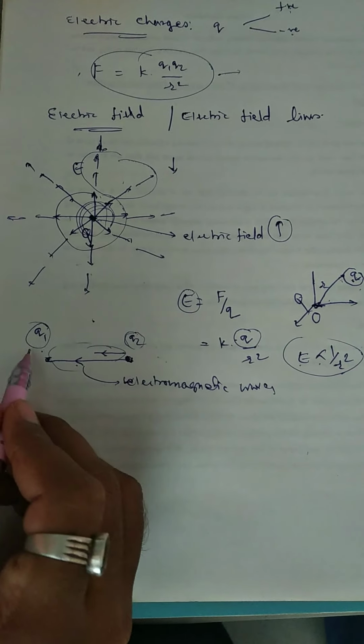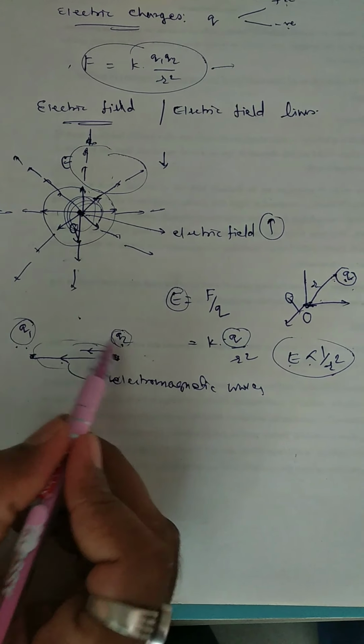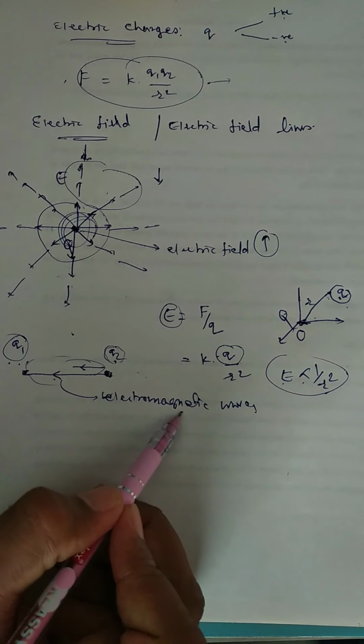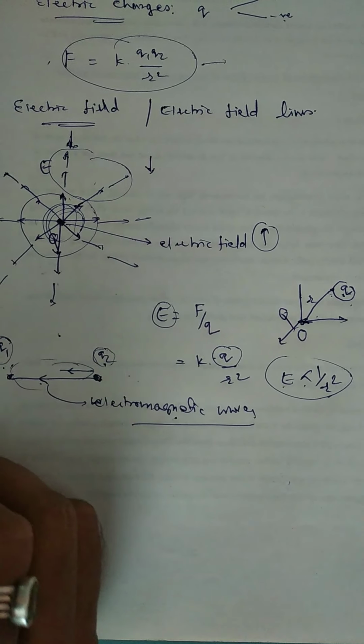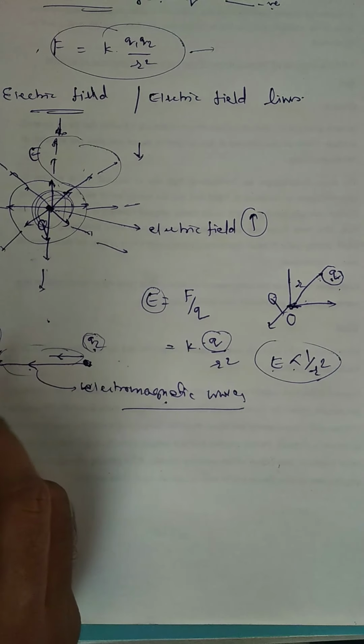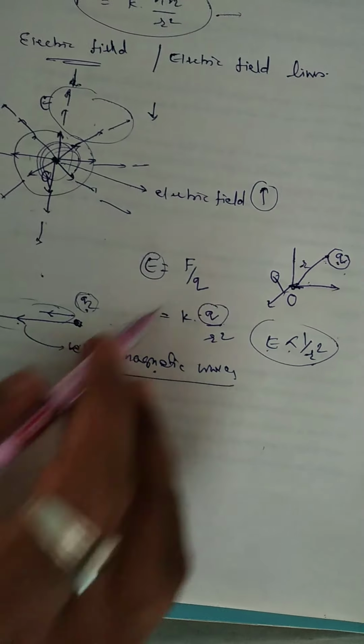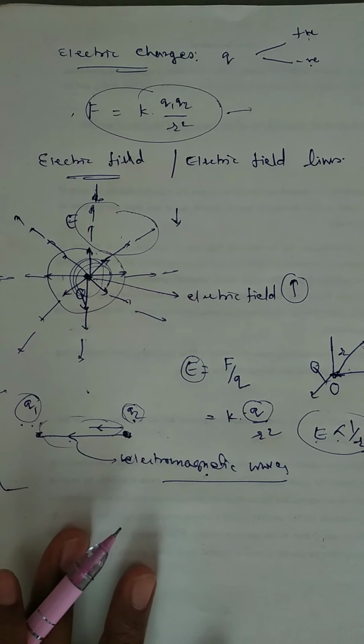So at point Q1 we will observe the effect of charge Q2 because of the motion of these electromagnetic waves. That is also a property of the electric field. So these were the basic concepts of electric field.